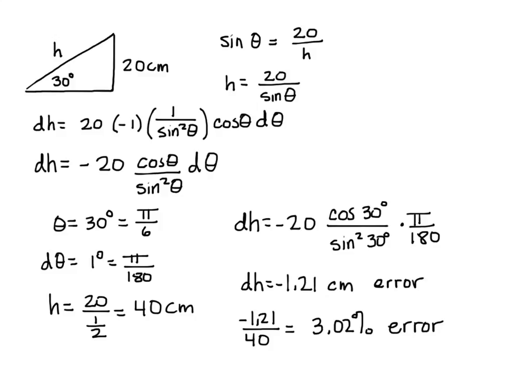And even though 1 degree over 30 is about a 3% error, right? 3.33. We only have a 3.02% error in our length. And so it's not too bad at this point. If you do it at other extremes, you can easily get a feel for when your angles are more extreme.